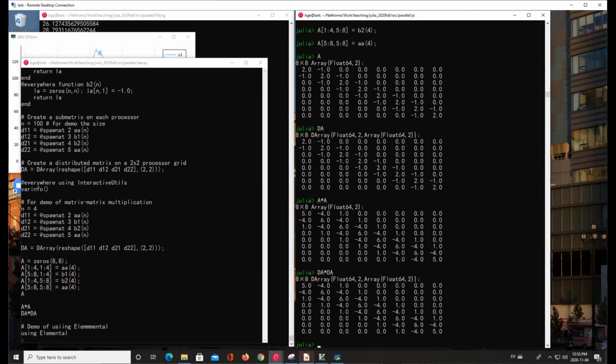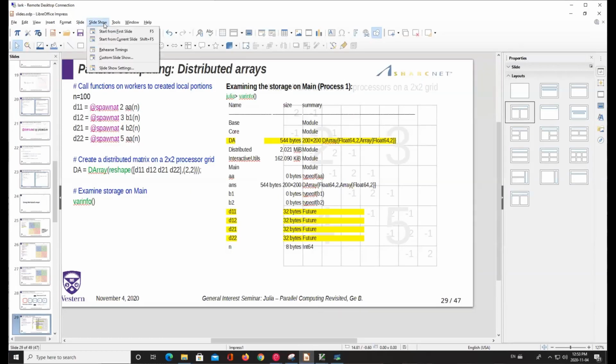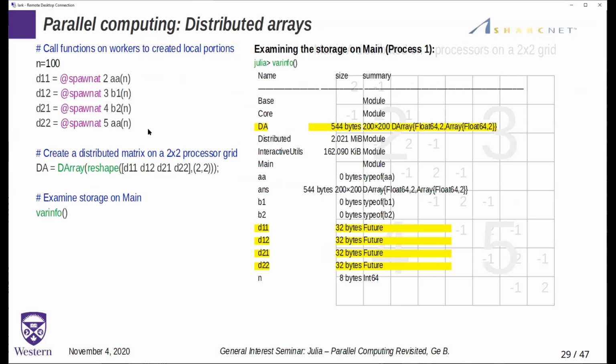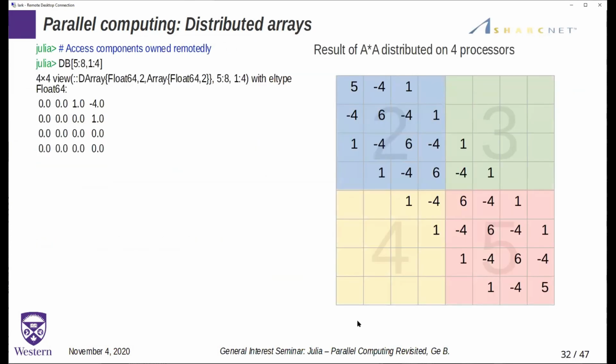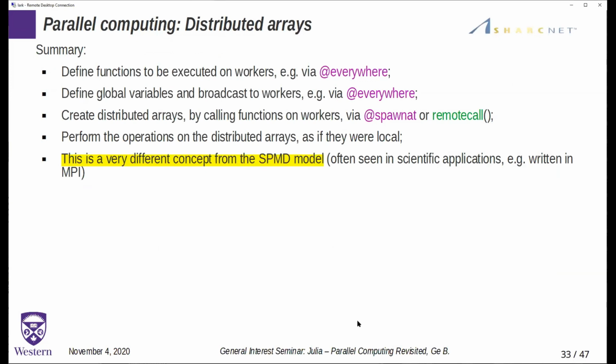Okay, so let's move on. A quick summary: we can define the functions to be executed on the workers using everywhere. And we can create a distributed array by calling functions. And we can perform operations on distributed arrays.